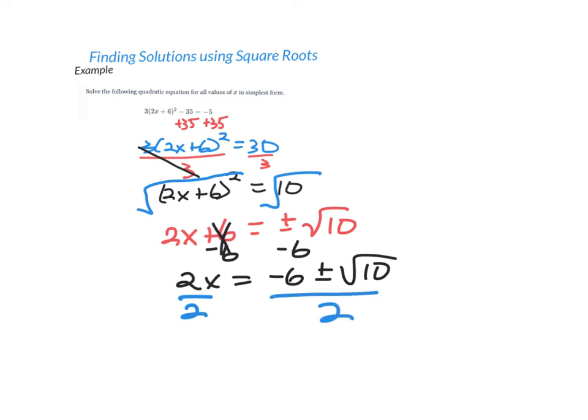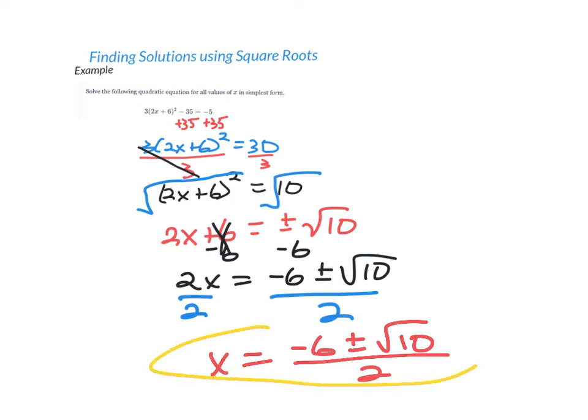All right. Our final answer is going to be x equals negative 6 plus or minus the square root of 10, all divided by 2. And that is it.